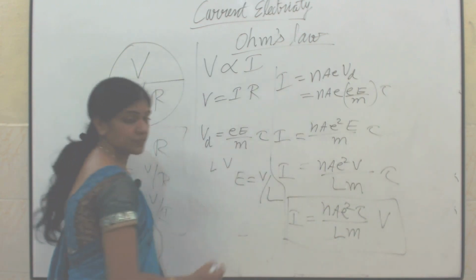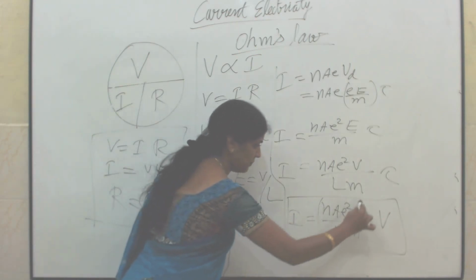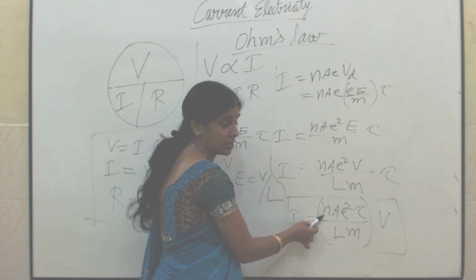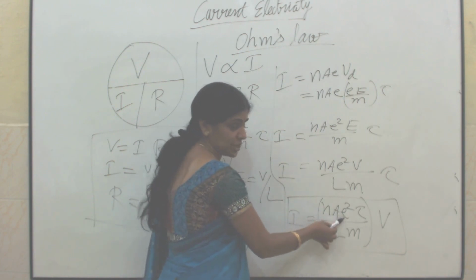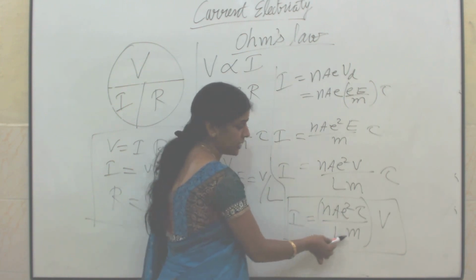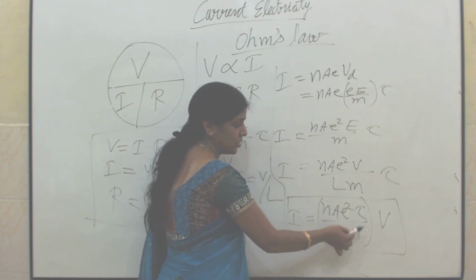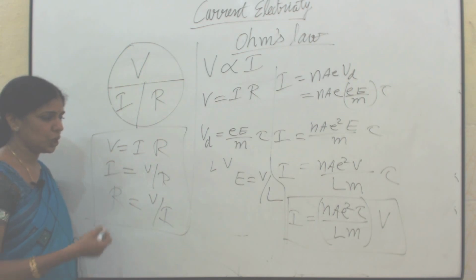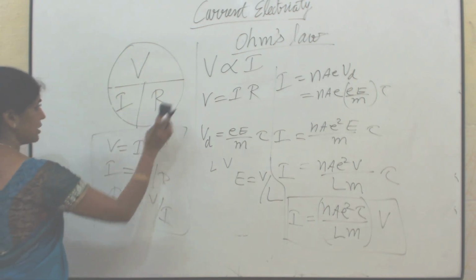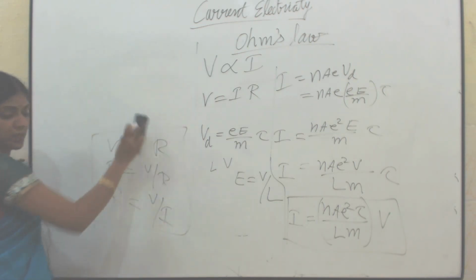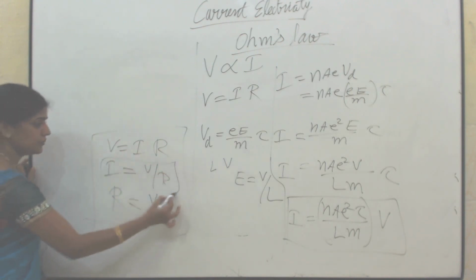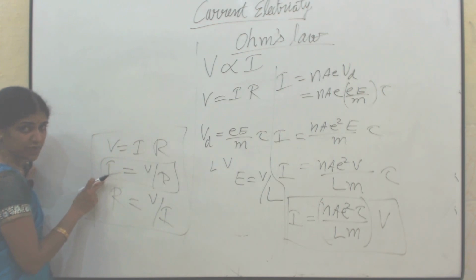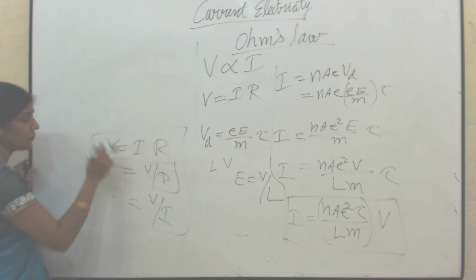In this relation, A is the area of cross section, n is the number of free electrons in the conductor, e is the charge of the electron, L is the length of the conductor, m is the mass of the electron, and tau is the time taken during successive collisions. All these are constant. We know that I equal to V by R, so I can write this equation in this form and verify Ohm's law. What is R here?